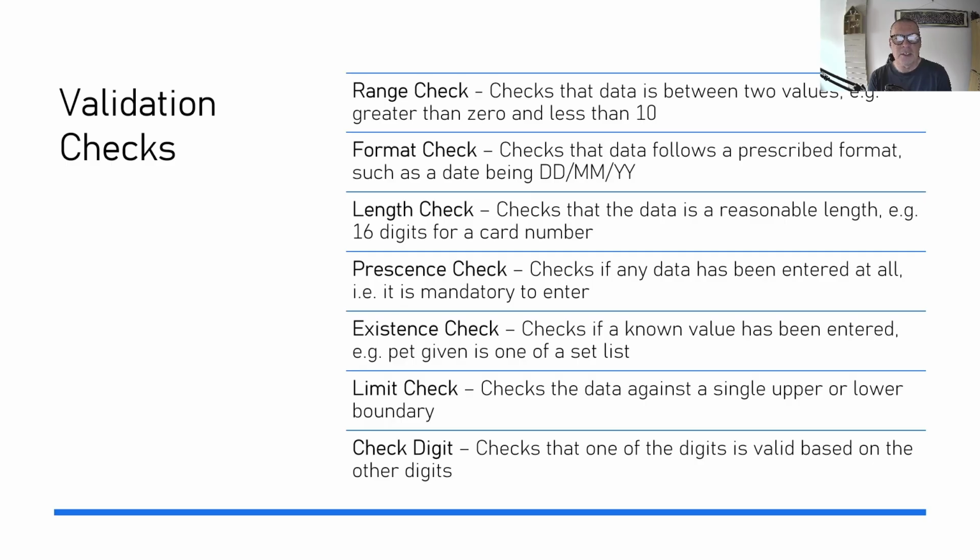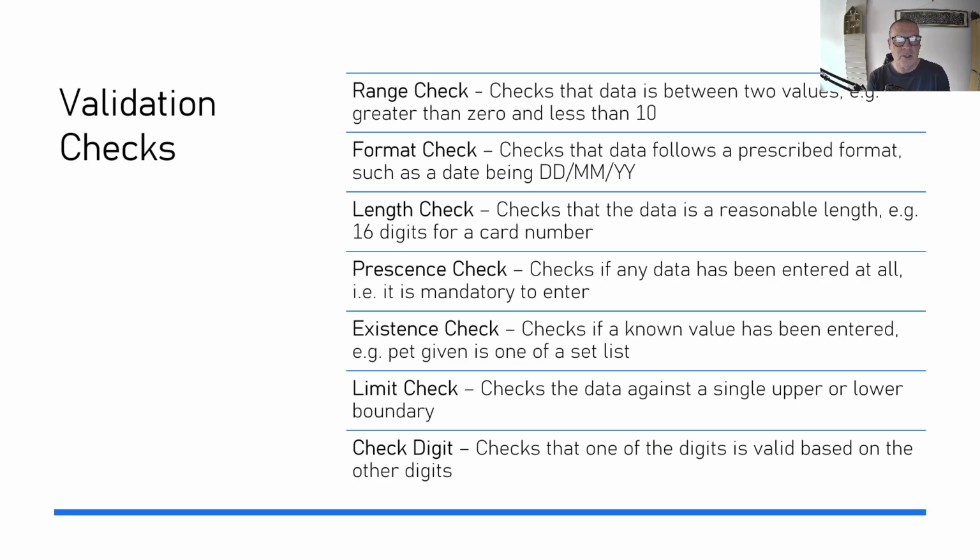For example, dates might be in a DDMMYY format, and if one of those things is missing, then we know there's a problem with the data if it doesn't follow that format. A length check checks that data is a reasonable length for whatever the data is. So for example, for a credit card number, you would expect it to be 16 digits long.